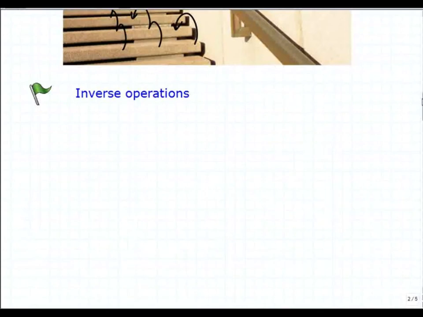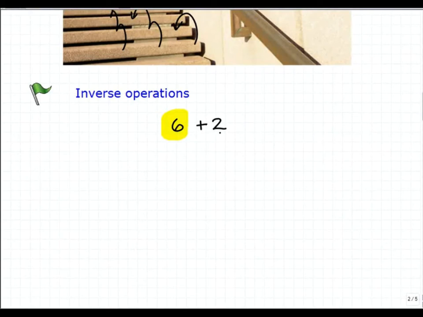All right, so what's an inverse operation? Well, let's say I have this number 6. I'm just kind of making up a number here. So I have this number 6, and I go, you know what? I'm going to add 2 to it. I'm going to perform an operation, an addition operation. So I'm going to add 2 to my 6. And I say, you know what? I don't like that. 6 plus 2, I don't want to do that. So how can I undo this operation? I just added 2 to my 6.